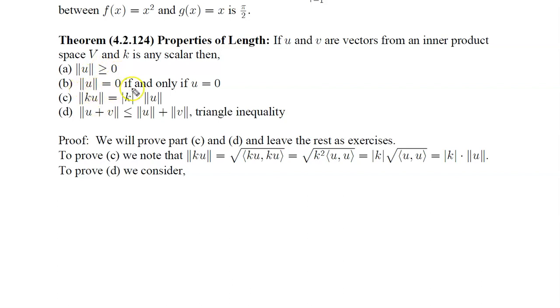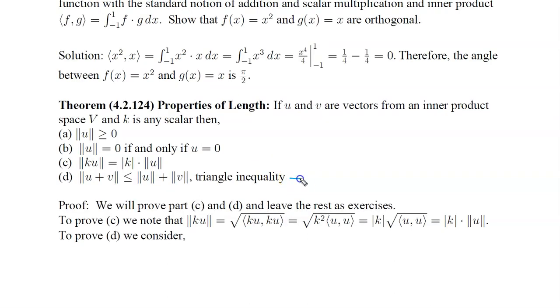And the norm is equal to 0 if and only if u is equal to the 0 vector right there. This is the 0 scalar, the real number 0. We also have that if you take any scalar k times u and you take the norm, you can move the k outside, but you do have to put absolute values around it. This doesn't mean dot product, that just means times. You have a real number times a real number.